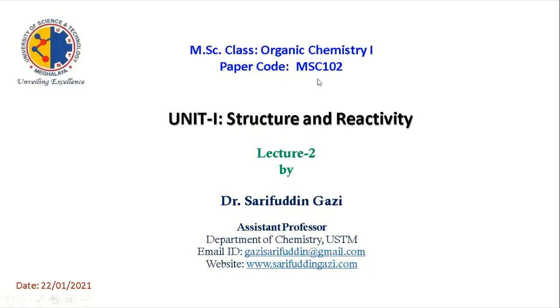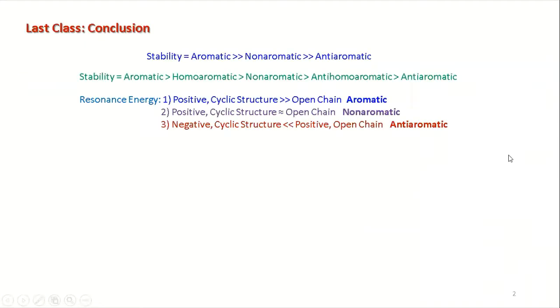Okay, so in the last class, if you can remember, we concluded that the stability of different molecules depends upon whether the molecule is aromatic, non-aromatic, anti-aromatic, or like that. If we arrange all the different classes of molecules, the aromatic compound is the most stable one, because the resonance energy is maximum here.